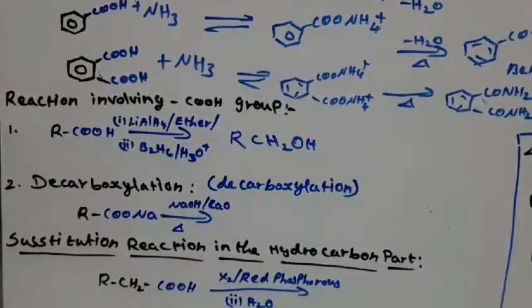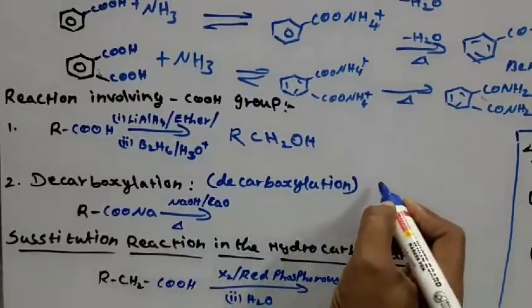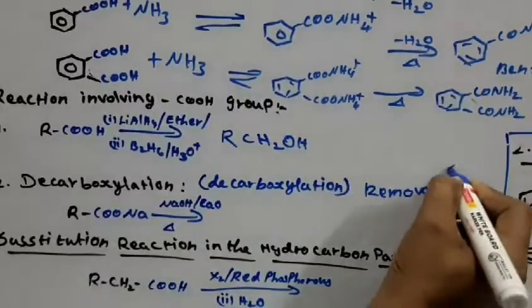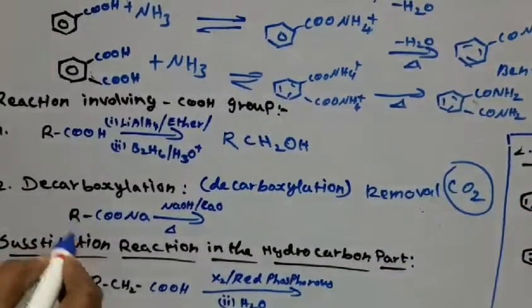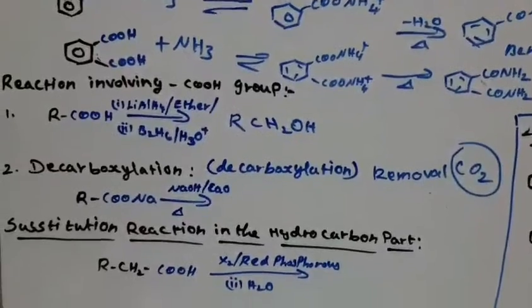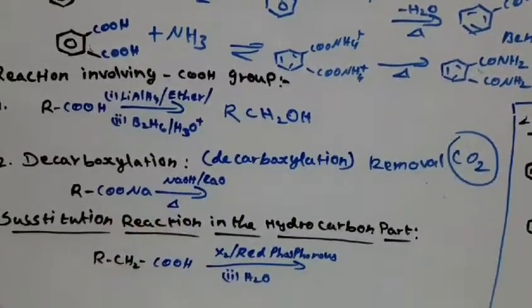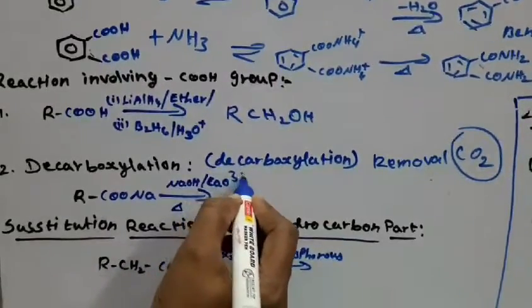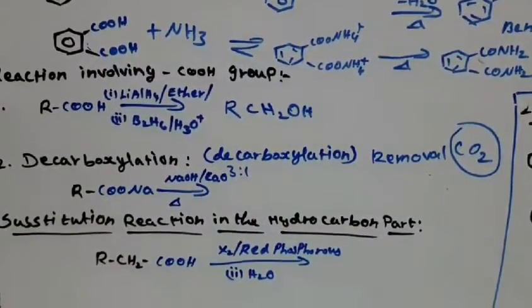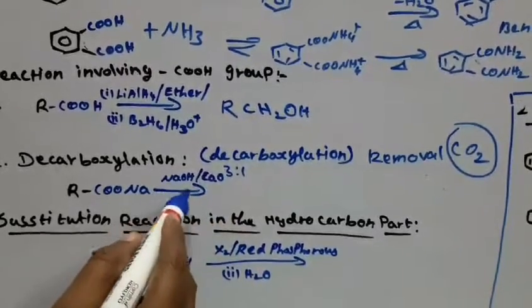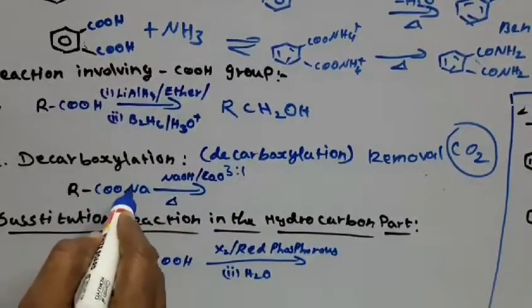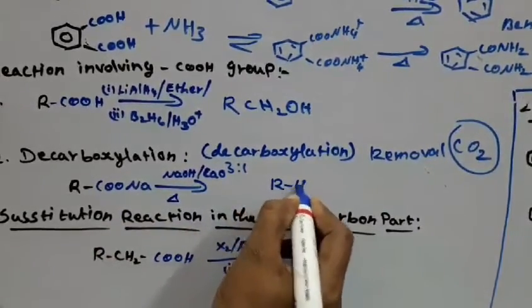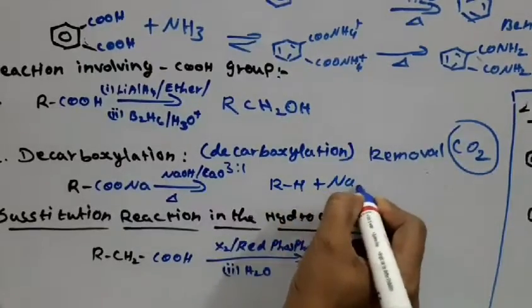Decarboxylation means removal of CO2. For this, the sodium salt of the acid, in the presence of NaOH and CaO, that is soda lime, a mixture of 3:1, reacts to produce a hydrocarbon plus carbonate salt.